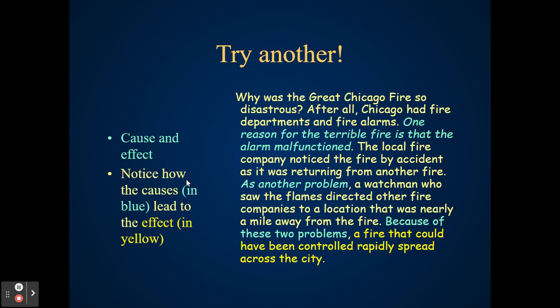That was a cause. And then the effect is in the yellow, or it goes into another problem. And so then it says, because of those two problems, here's what happened. So it leads to this effect. A fire that could have been controlled rapidly spread across the city. So something happened that caused this effect.